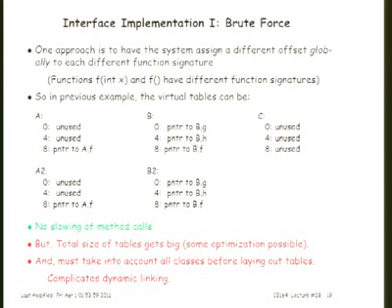But the easy thing is to just say we'll choose a new slot for each different method signature. So that means that the virtual table for a C will now be compatible with the virtual table for A or B, and also for A2 and B2.